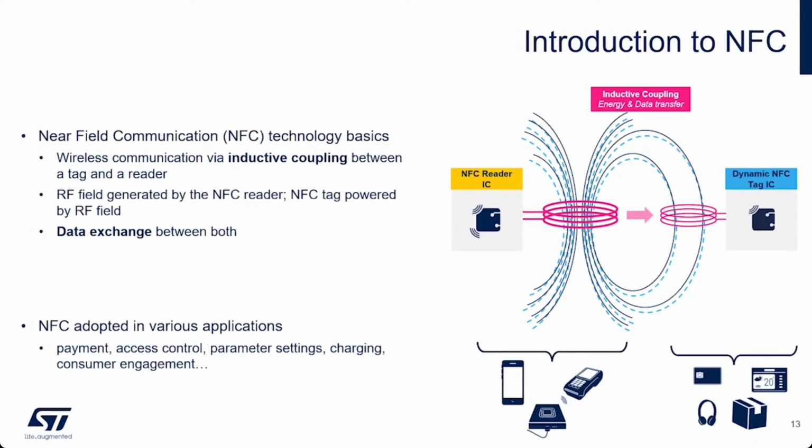For communication from the tag to the reader, the reader ceases to modulate its field, and the tag produces load modulation onto the carrier signal, which is then decoded by the reader. The key takeaways are that the communication is bidirectional, and the tag side receives all its power from the reader field.